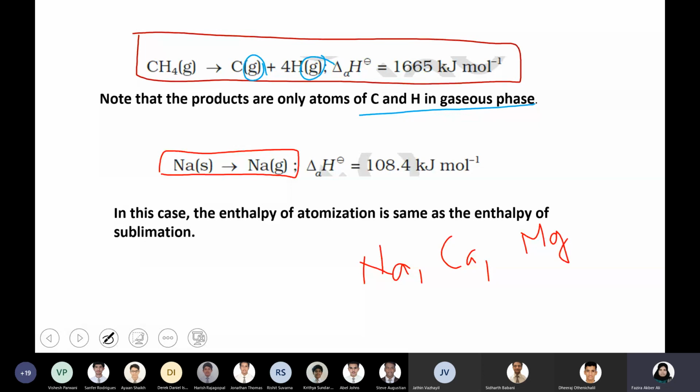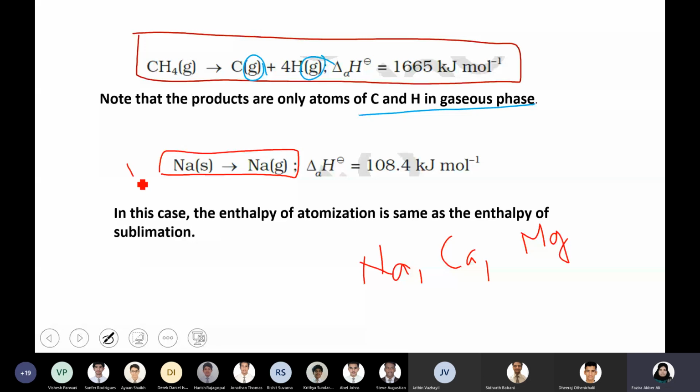So for them, enthalpy of atomization means, sodium is in a solid state at the standard condition, the standard state. Enthalpy of atomization in such cases means they are already in the atomic form, but they need to be converted into the gaseous state.